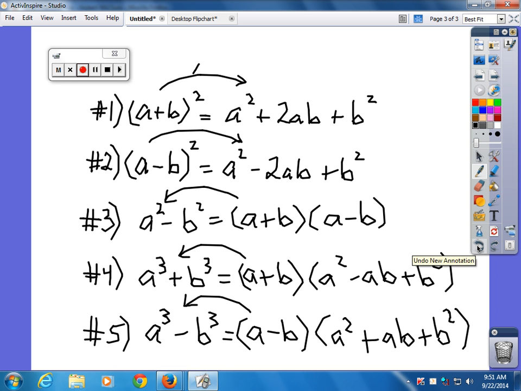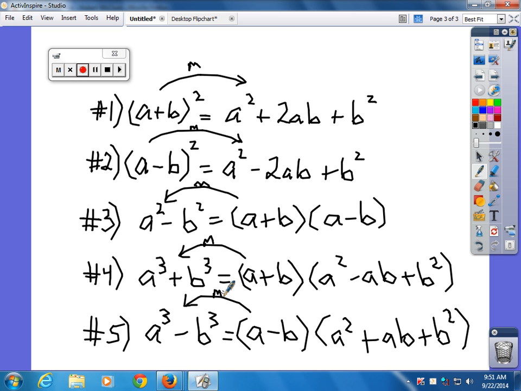Just flip them. You're multiplying. If you go the other direction, you're factoring, which is dividing. Okay? I'm not going to go through these because you should know them, you should know how to do them.